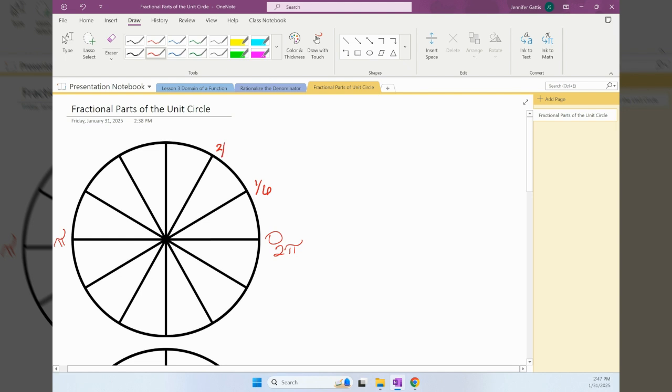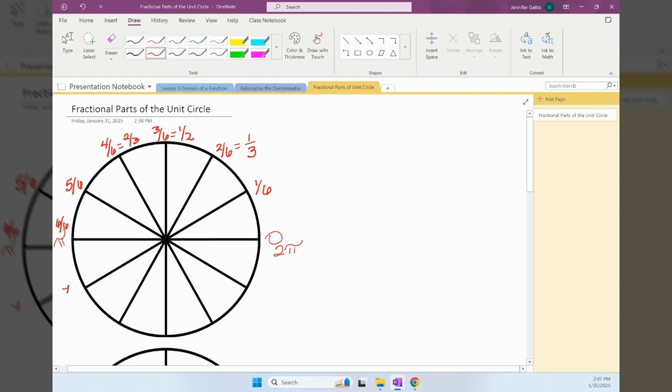This is 2/6. Whoops, not 2/3. 2/6 or 1/3. This is 3/6 or 1/2. We have 4/6 or 2/3. We have 5/6. We have 6/6 or just 1 pi.